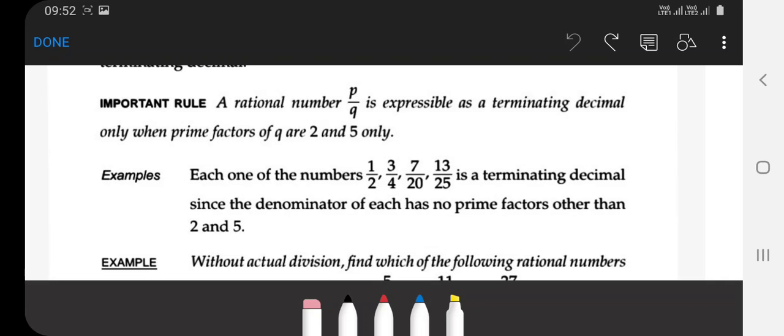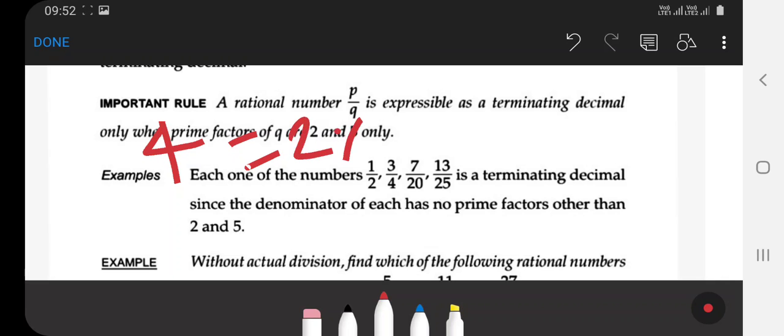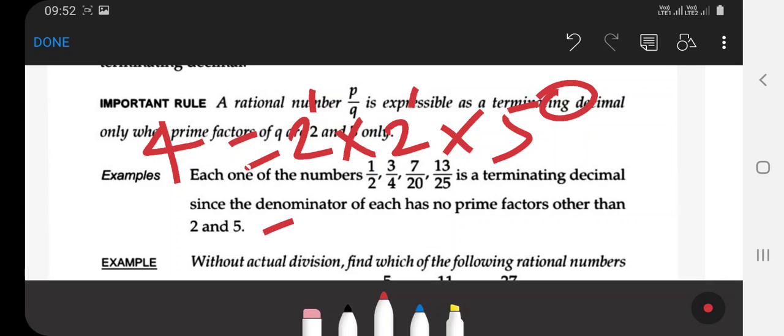Suppose in the second question 3 by 4, the denominator is 4. So 4 is written as 2 into 2, that is 2 to the power 1 into 2 to the power 1 into 5 to the power 0. Clear? So 2 into 2 into 1 is equal to 4.